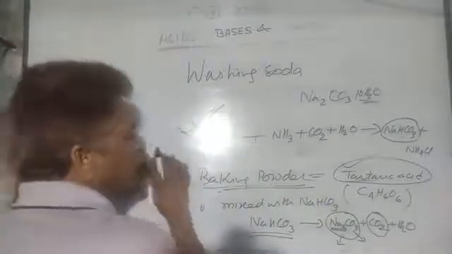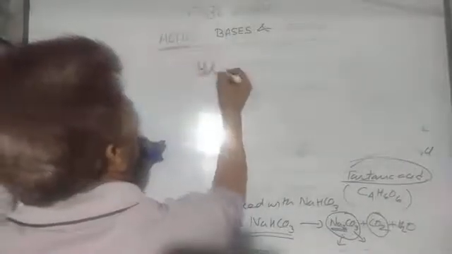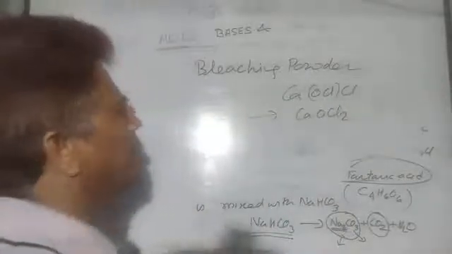So, it is clear. Now, come to another important compound, that is the bleaching powder. Bleaching powder, formula CaOCl. In some books it is written CaOCl2. So, how do you prepare the bleaching powder?